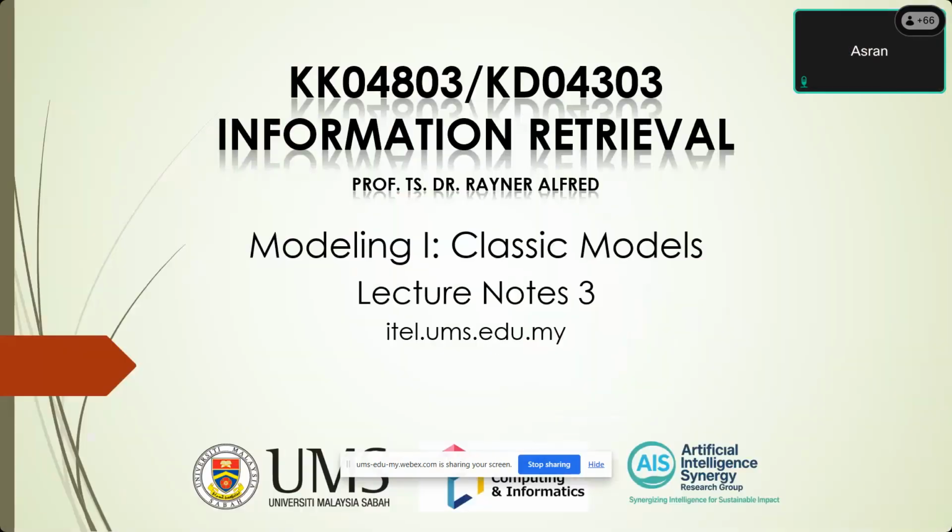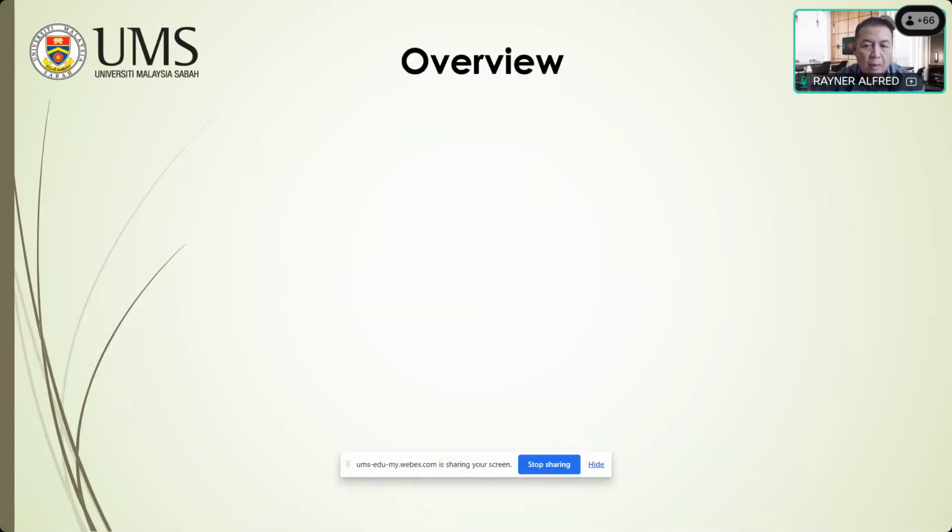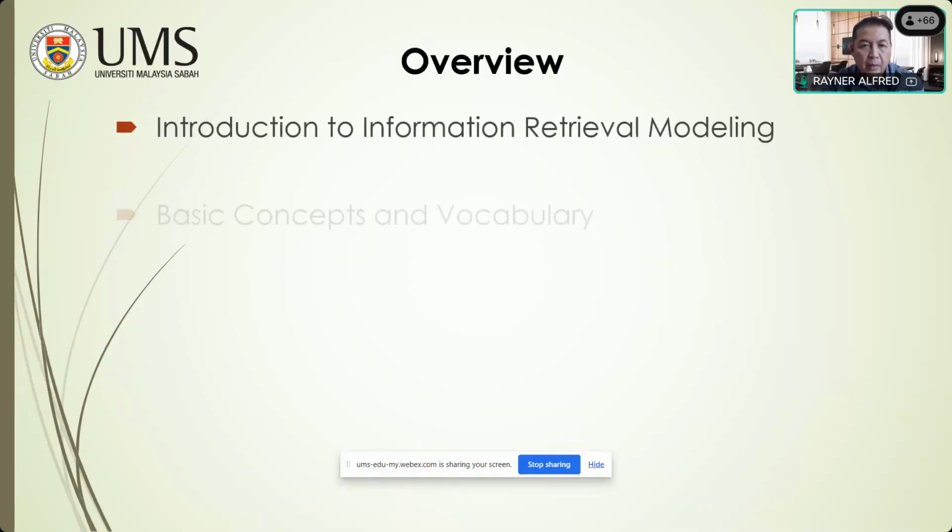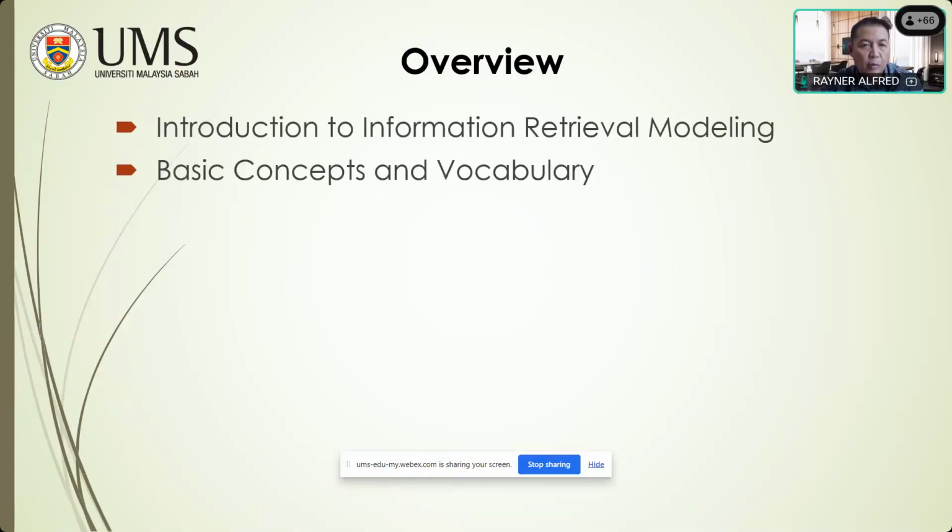Yes, Dada. Okay. So this is the first modeling for information retrieval. Basically we have four parts, and this is the first one. We will cover the basic concepts and vocabulary that we use for defining the information model.